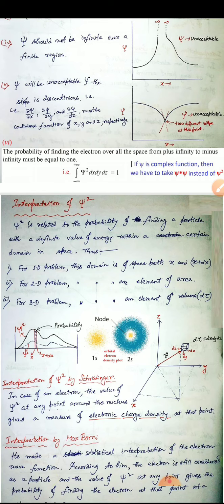So here I discussed all of these things, and in the next slide I will discuss the radial probability function for a particular orbital, especially s orbital, p orbital, and d orbital, and lots of things.